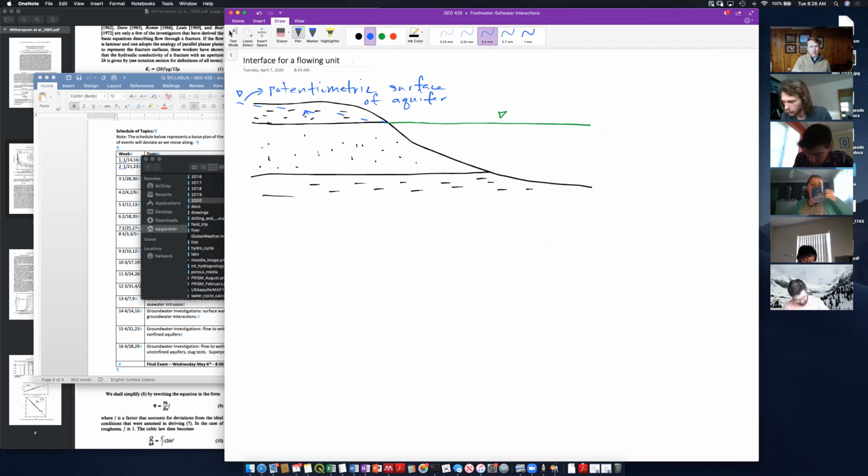All right, so at any place here, we have H sub F, that's the height of our potentiometric surface above sea level.